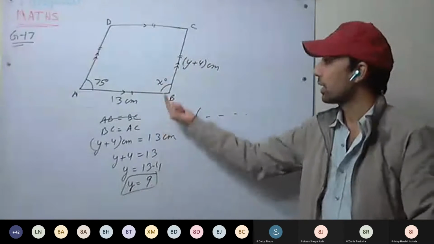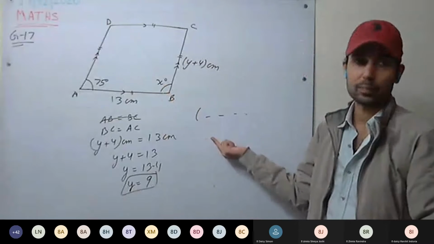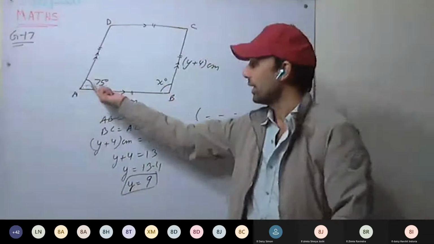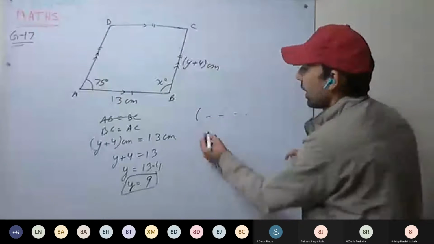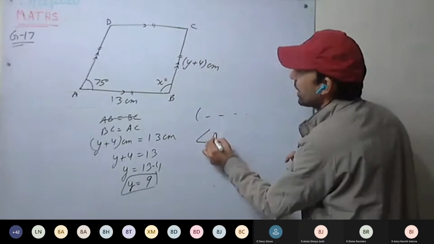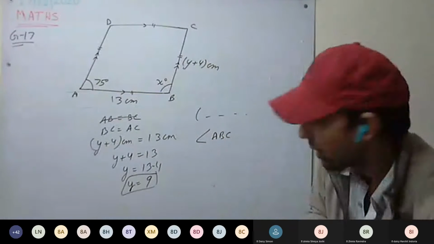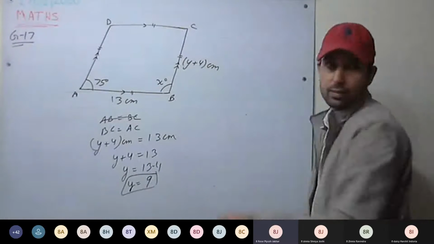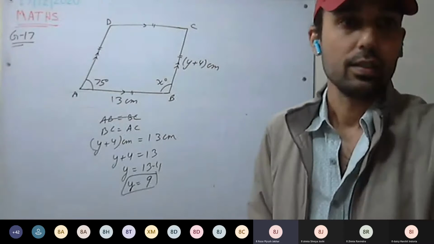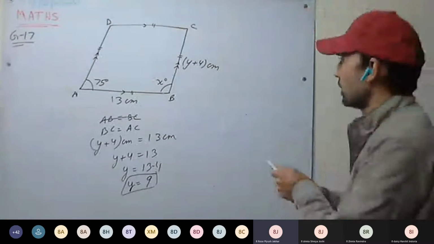We have calculated y. Now how to calculate x? A is given. So angle ABC. Okay, one minute, I write one. Yes, Piyush, are you having any doubt?